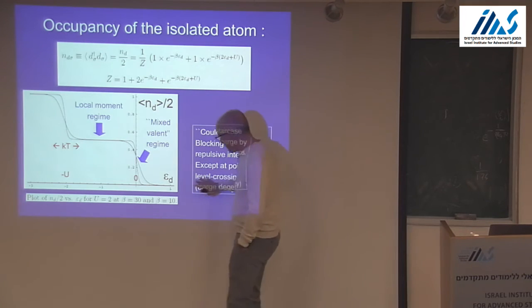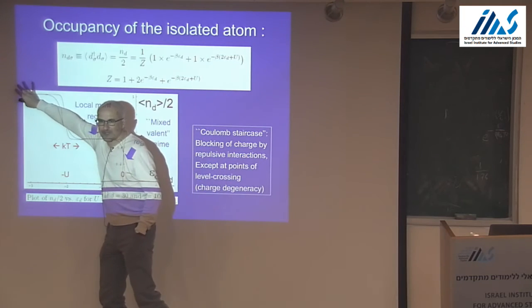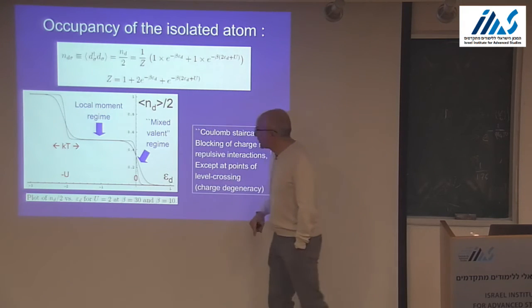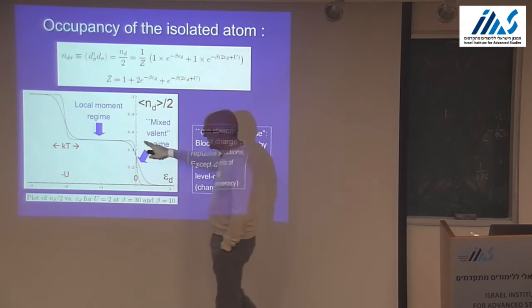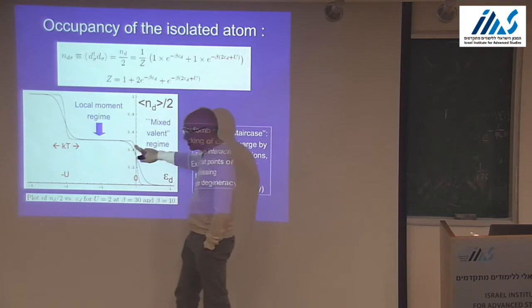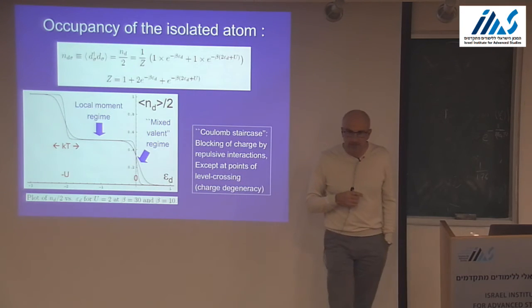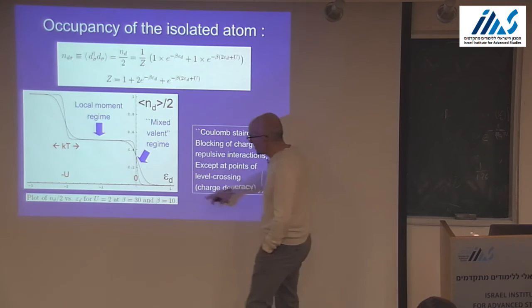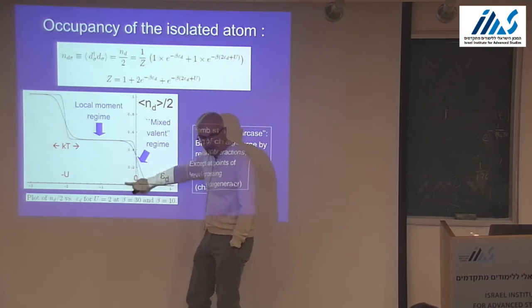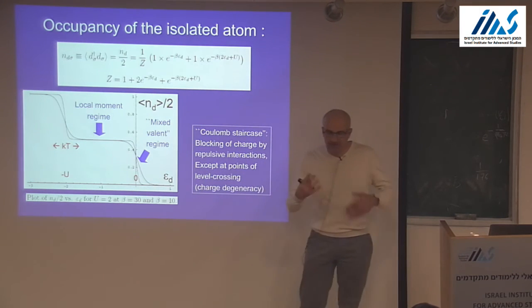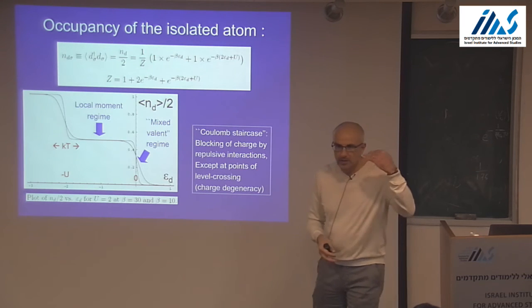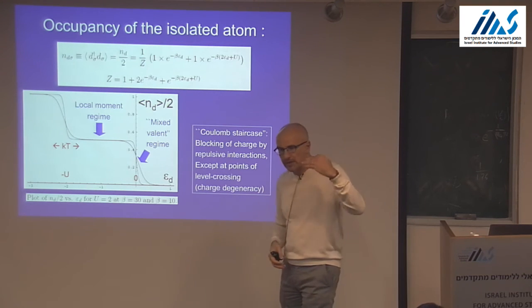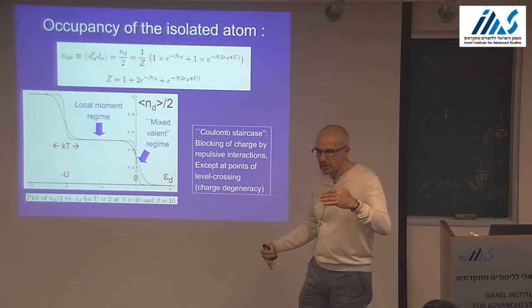So, of course, these two regimes here and here are not very interesting. The really interesting regime is this regime in which you have a doubly degenerate ground state, and also possibly these regimes here, which correspond to an extra level crossing between the singly occupied ground state and either the doubly occupied or empty levels.